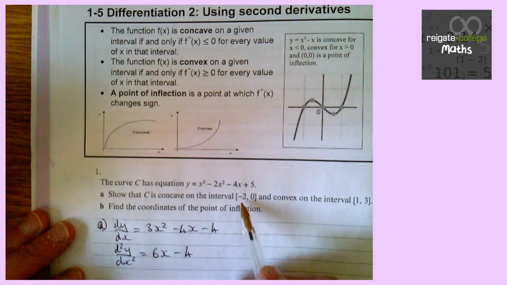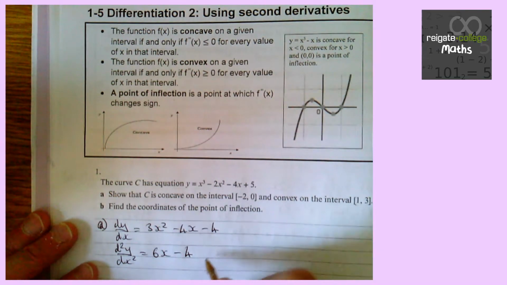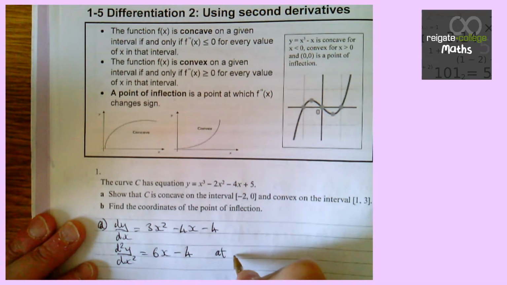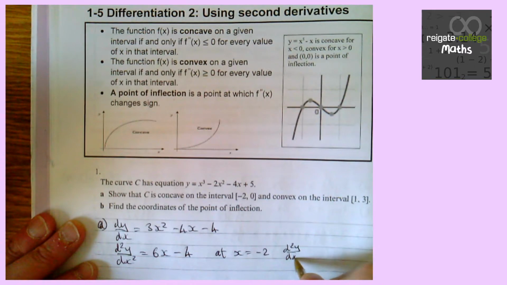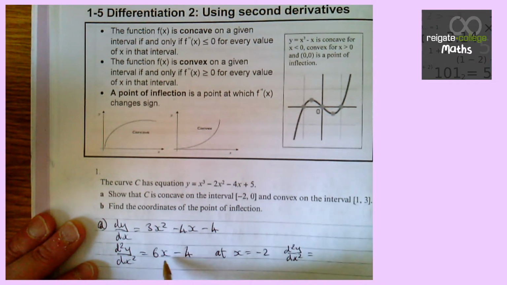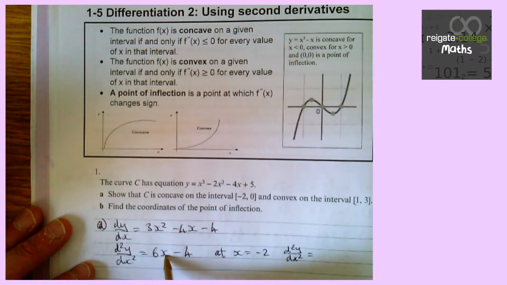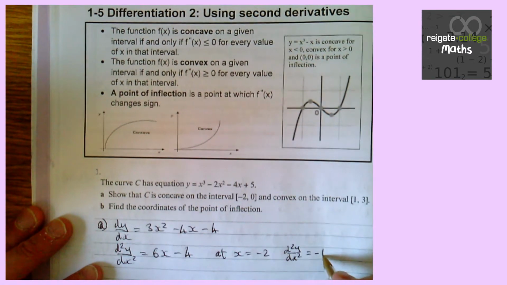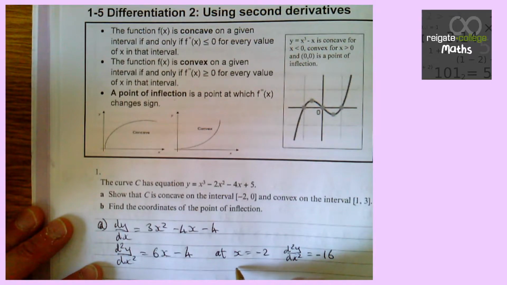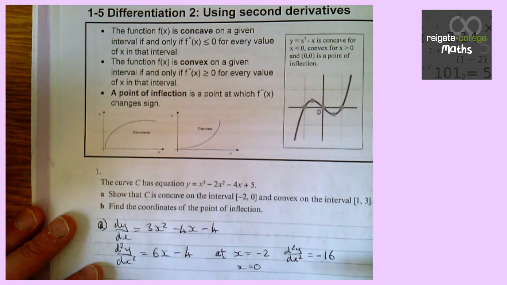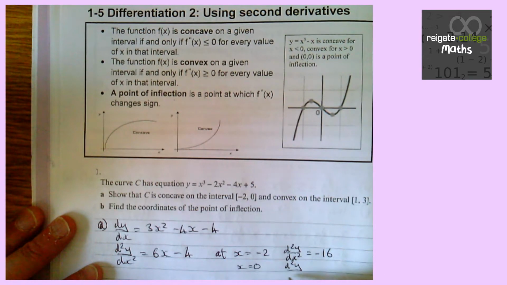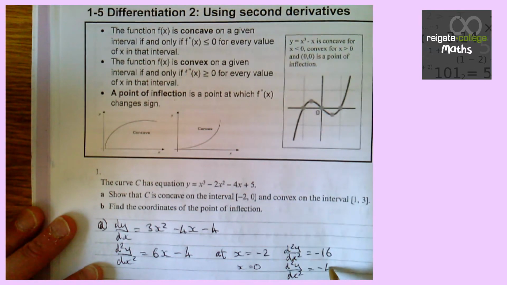So then if we look at the ends of these intervals, at x equals minus 2, d2y by dx squared is equal to, put minus 2 in there, we get minus 12 minus 16. At x equals 0, d2y by dx squared is equal to minus 4.